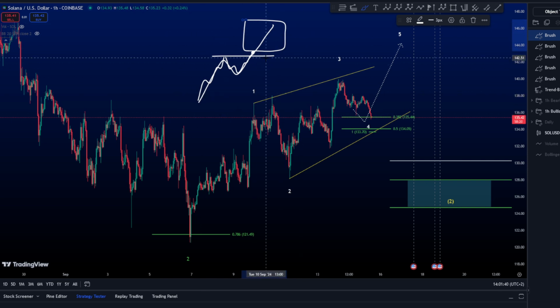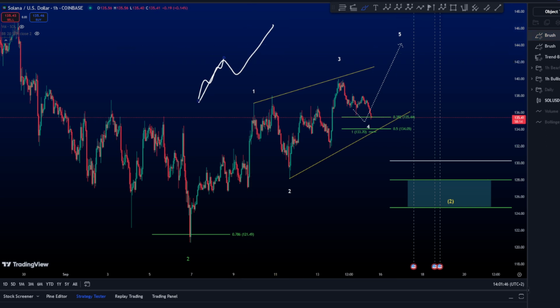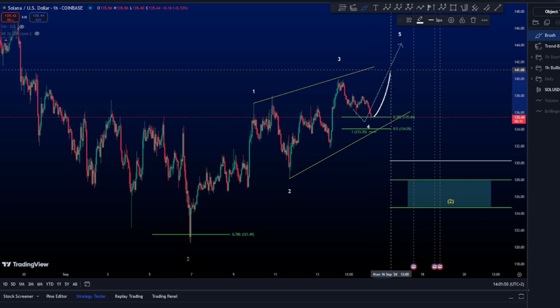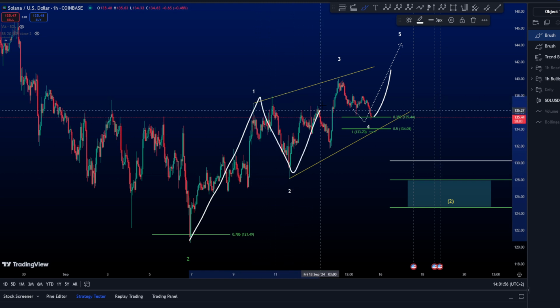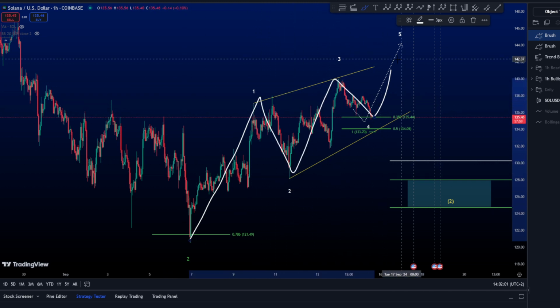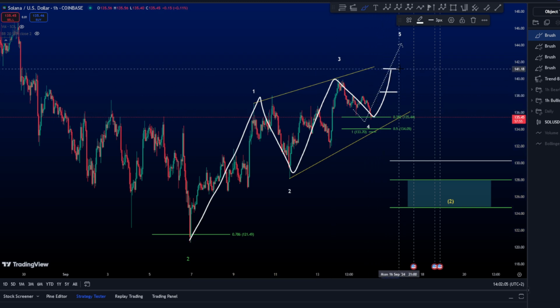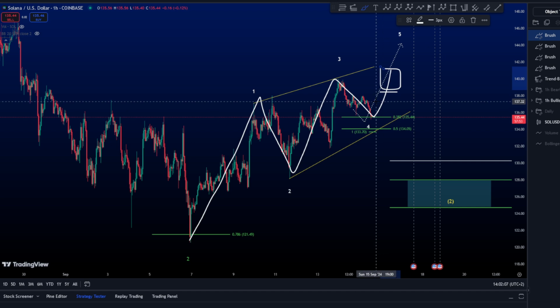Therefore, I don't really like to trade the zigzags as a diagonal, especially when you are in wave 5, because your wave 5 is the shortest wave in your diagonal, because it's a contracting diagonal. The waves should go smaller and smaller, so this wave is very small. If you want to enter your trade here, then yeah, it might finish very early.